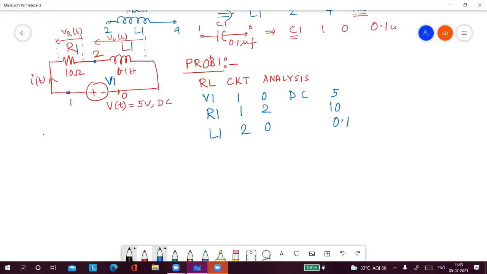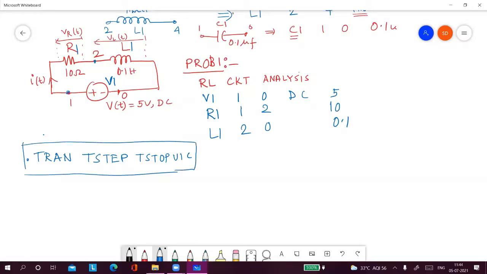Then what type of analysis do you want to perform? Transient analysis. Remember, for transient analysis, the command is .tran. Then you have to write Tstep, then Tstop, then UIC. This is the syntax of transient analysis.